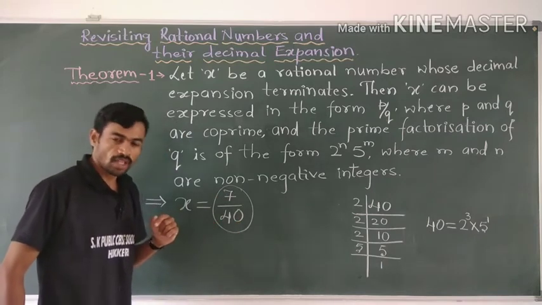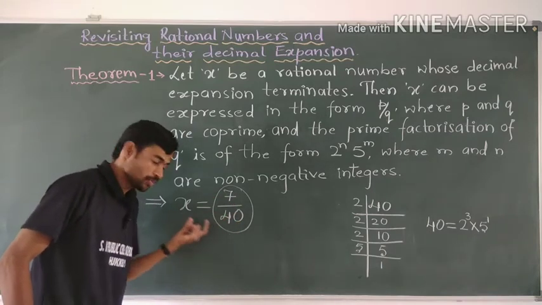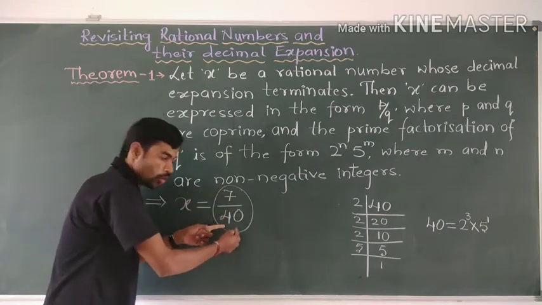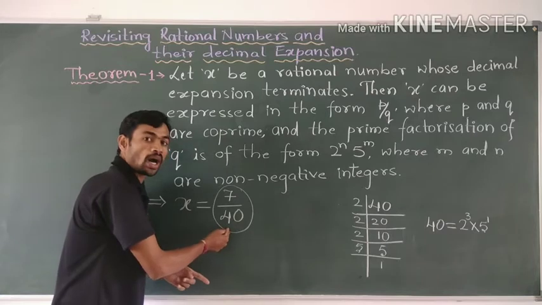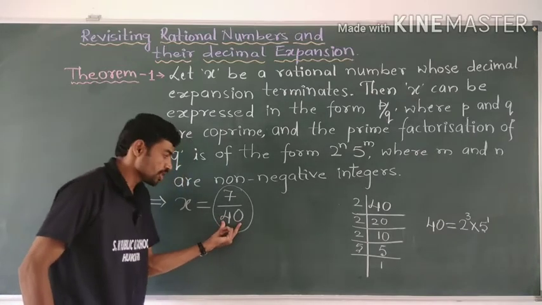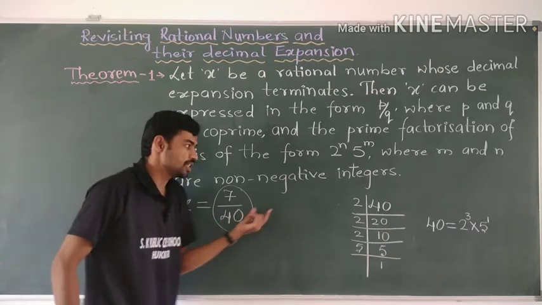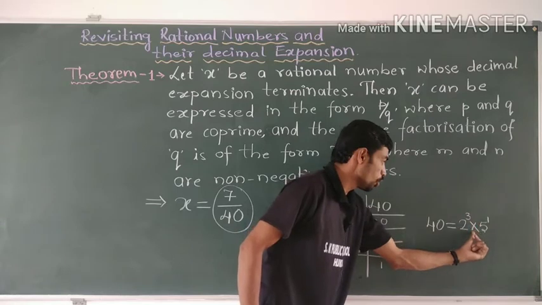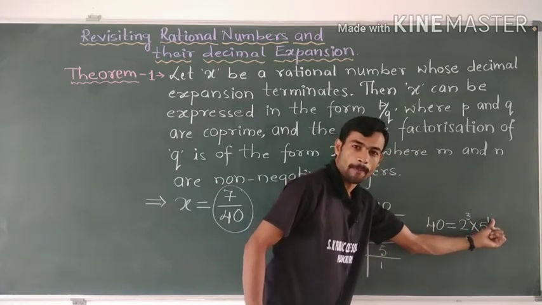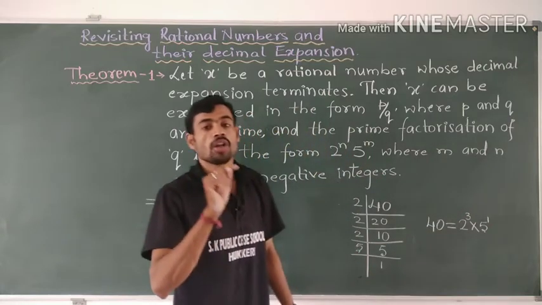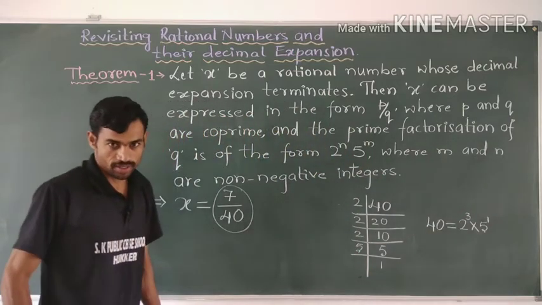So here we have taken x as one of the rational numbers whose decimal expansion terminates. Then x can be written in the form p by q, where p and q are co-prime numbers and the prime factorization of q is of the form 2 to the power n into 5 to the power m, that is, m and n are non-negative integers.